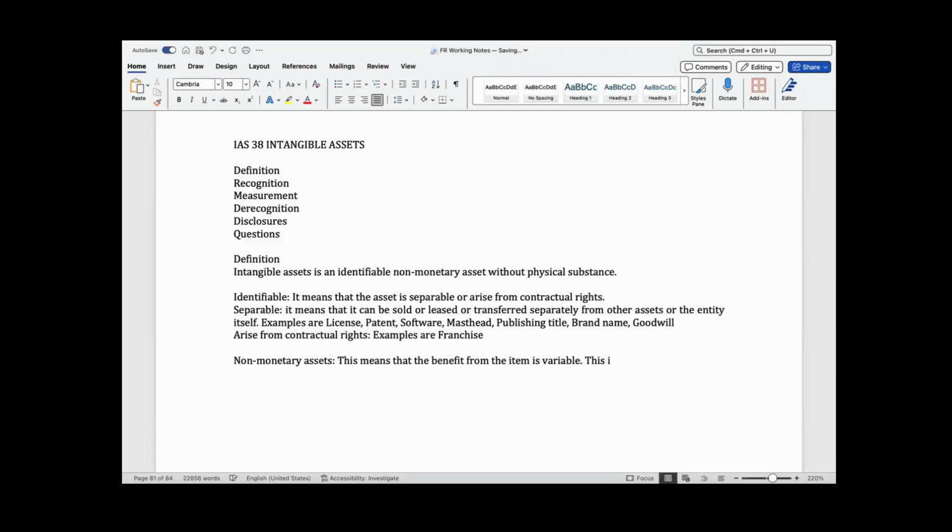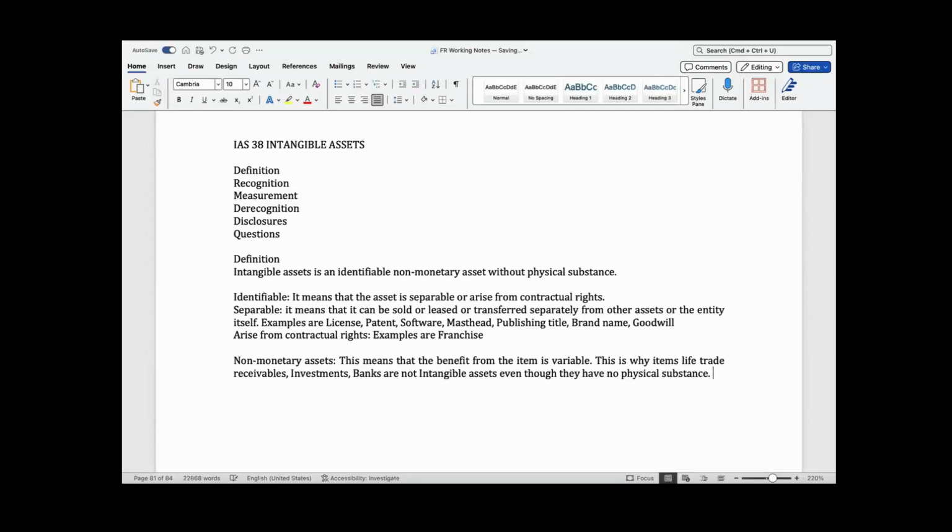And this is why items like trade receivables, investments, and assets like bank balances are not intangible assets, even though they have no physical substance.